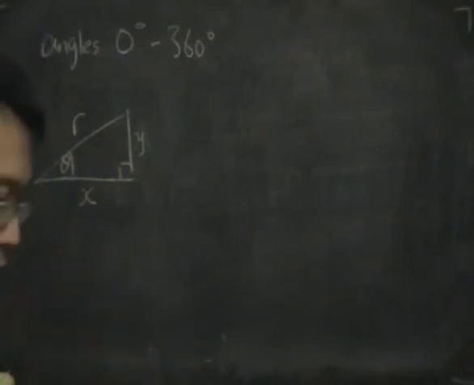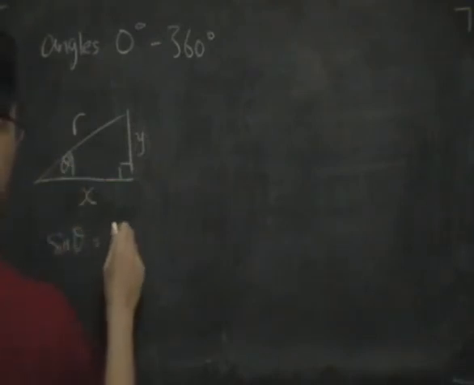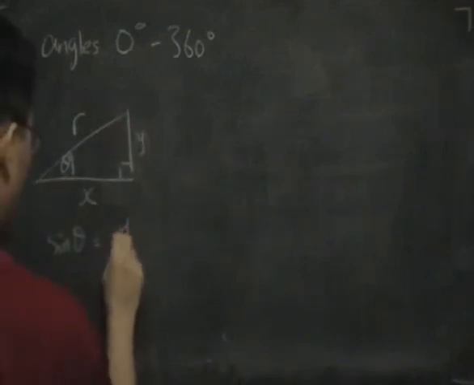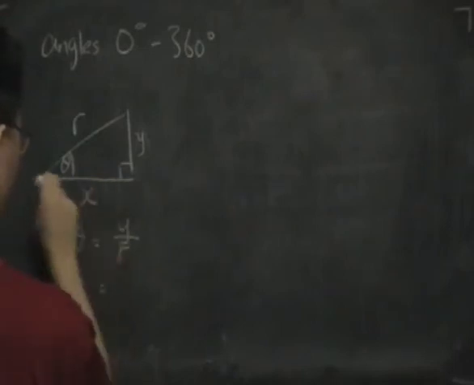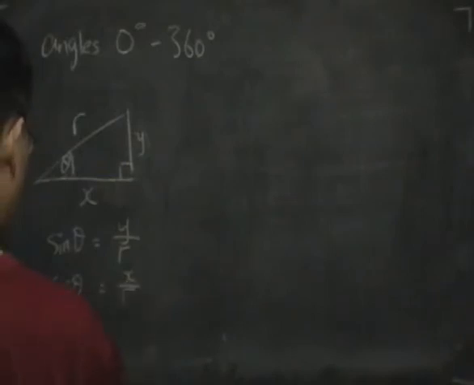We know, for example, that sine of the angle theta is equal to the opposite y over the hypotenuse, and cosine theta is equal to the adjacent x over the hypotenuse, and tangent theta is equal to the opposite over the adjacent.